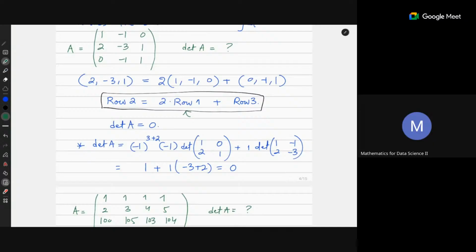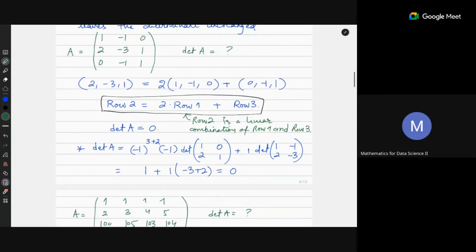So this is what we call row 2 is a linear combination of row 1 and row 3. In such cases, determinant of A is 0. Is this clear? Yes, sir.